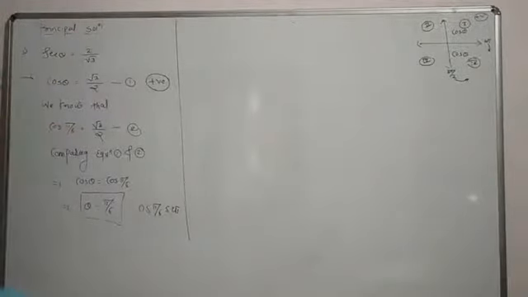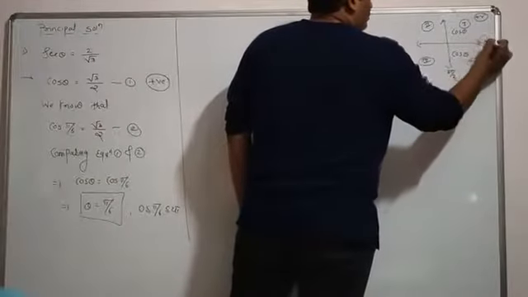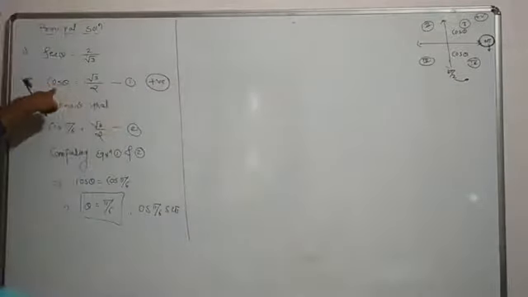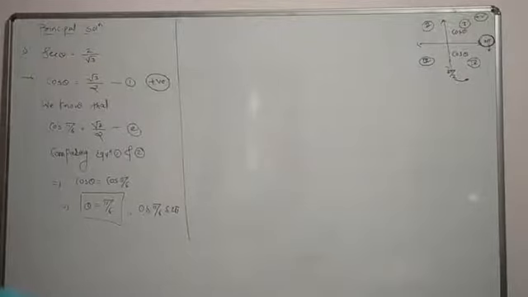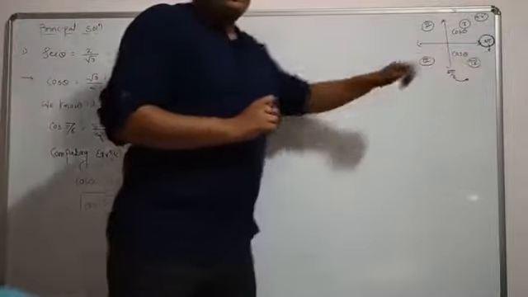So if you add or subtract 2 pi, cos theta will remain as it is. There will be no change in the trigonometric function, because we are adding or subtracting n pi. So what we will do, we will subtract theta from 2 pi.